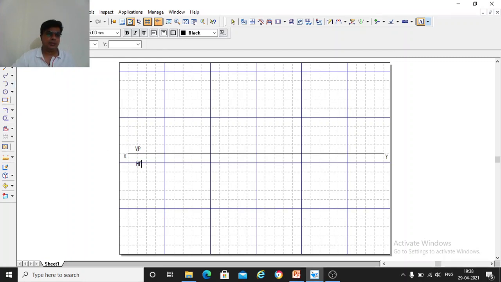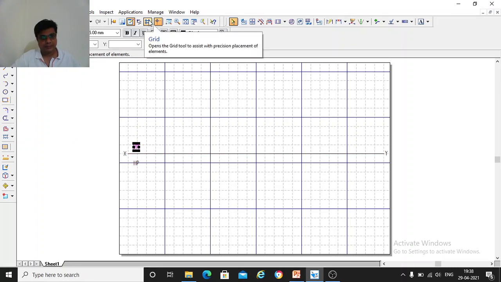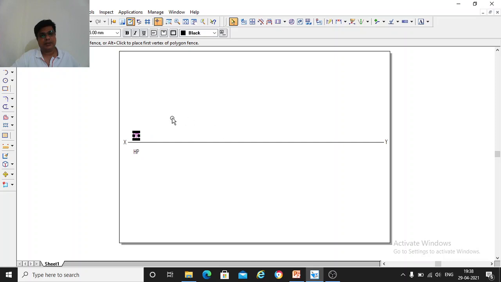This you should do for all the problems initially. Anyway, I will remove these lines for our clear understanding. So this is the sheet that we get, and this is how you draw the XY line, the vertical plane and the horizontal plane.